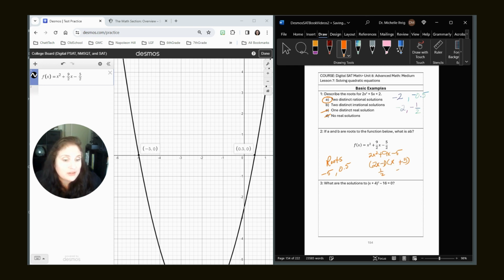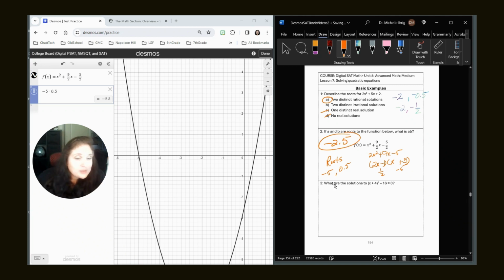Or type it into Desmos and look at the graph, right? So we've got -5 times 0.5 because it wants A times B: -5 times 0.5 is -2.5. Answer. All right, let's move on to the next one.